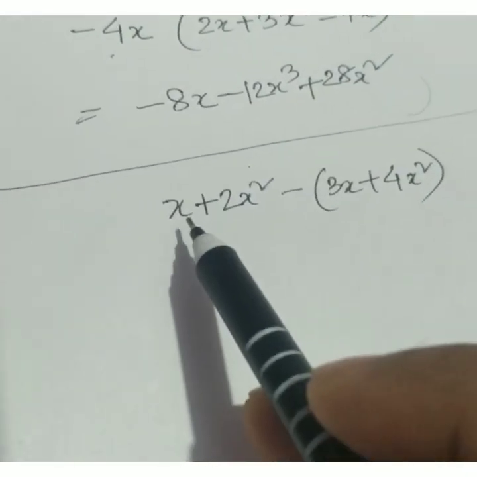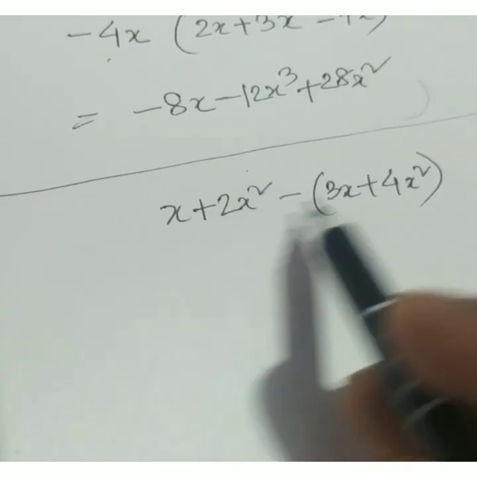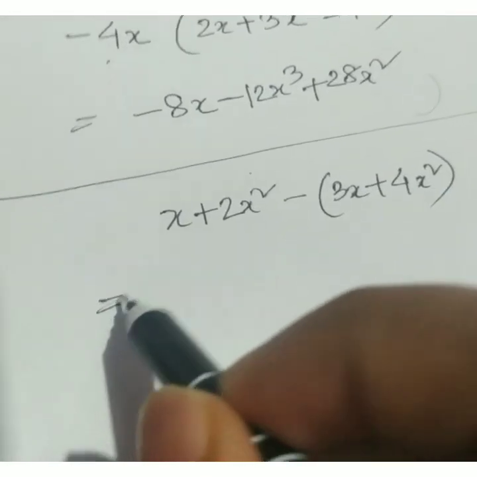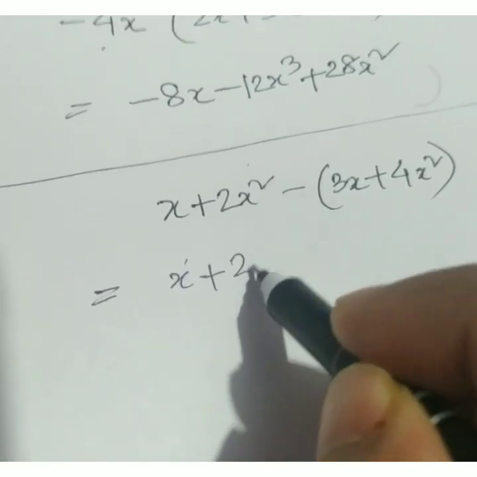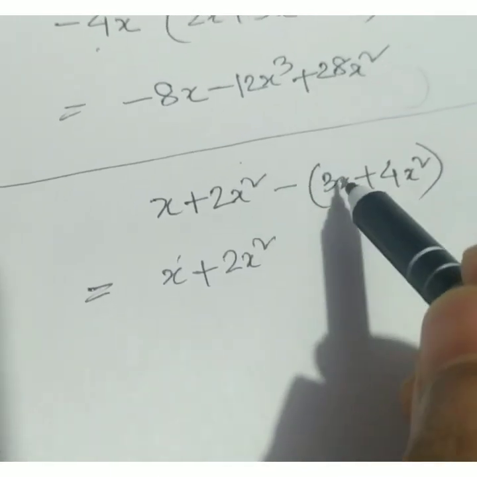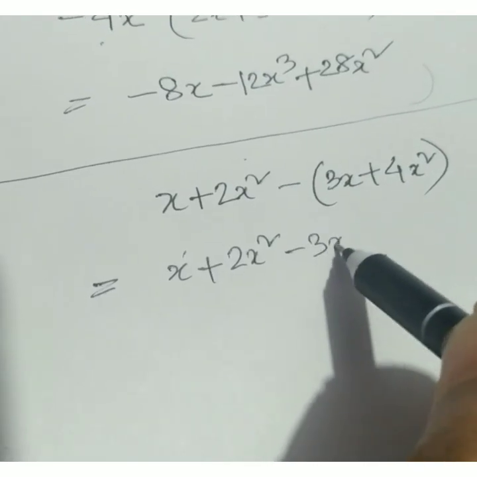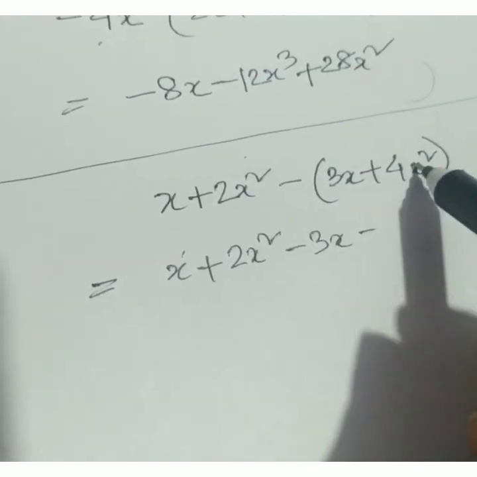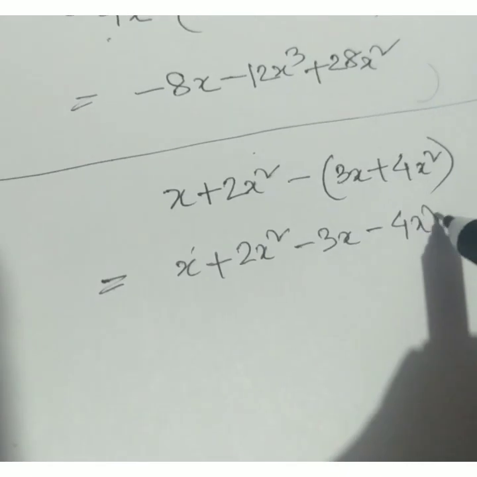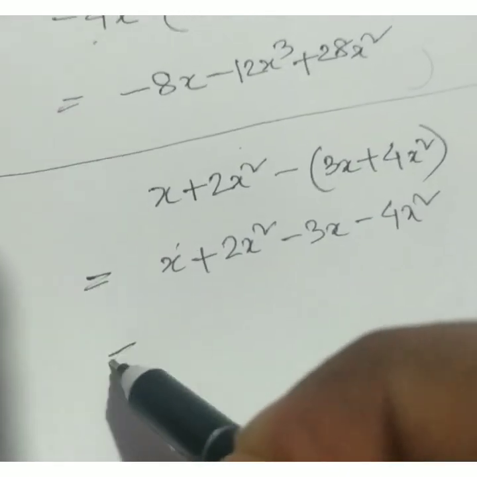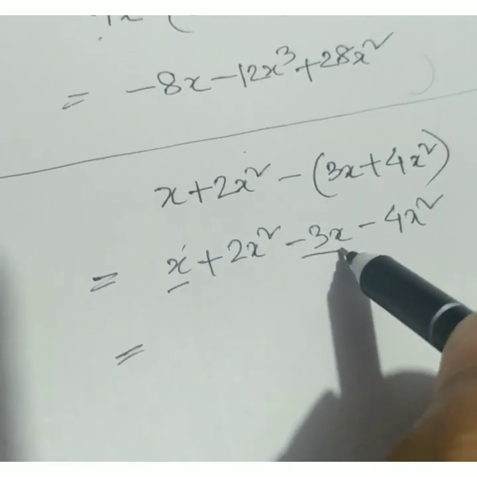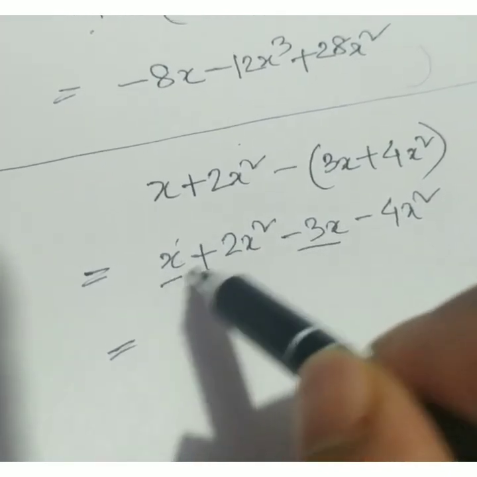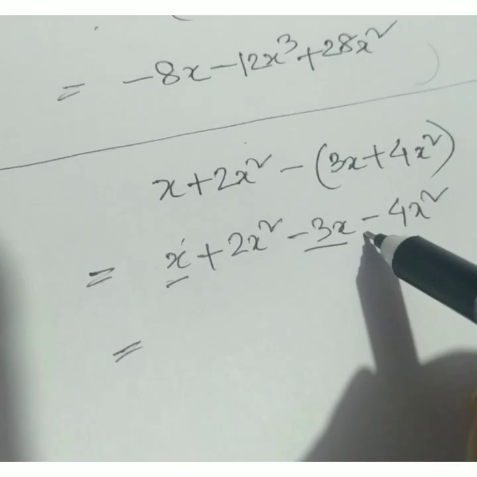Suppose x plus 2x square, we write the same as it is, then minus 3x, minus plus, minus 4x square. This is how we subtract, right? So remember that from x I can subtract only minus 3x because the variables over here are the same.